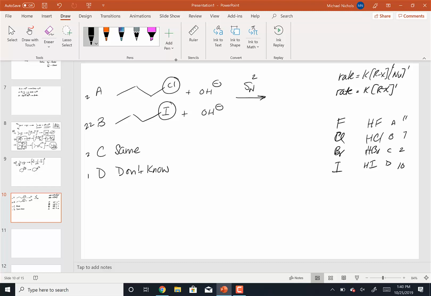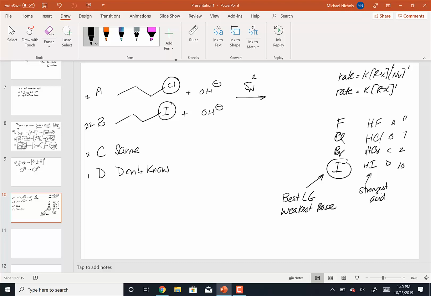When I put HI into water, what happens? Complete dissociation. So HI is the strongest acid, making its conjugate base the weakest. So I minus is the weakest base. And so I minus is the best leaving group because it is the weakest base.